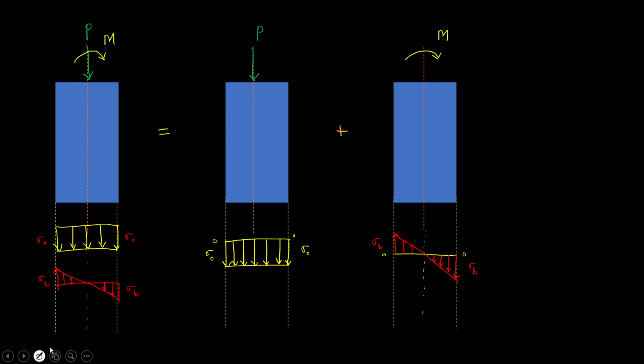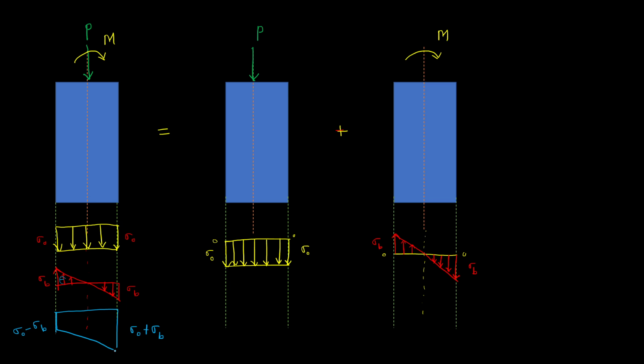Now what will be the total stresses here? The total stress will be summation of these two stresses, that is on right hand side it will be sigma 0 plus sigma b. You can see the direction is in downward direction, that is compressive in both, but in the left hand side this portion is negative, so the value will come somewhat less and this value is sigma 0 minus sigma b, as this is negative bending stress.